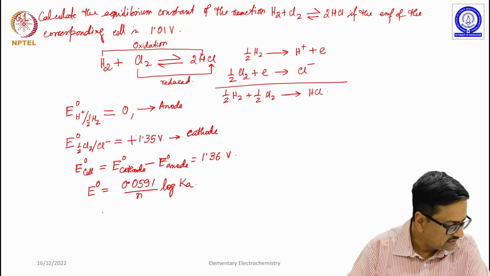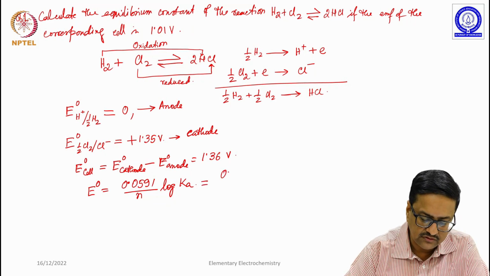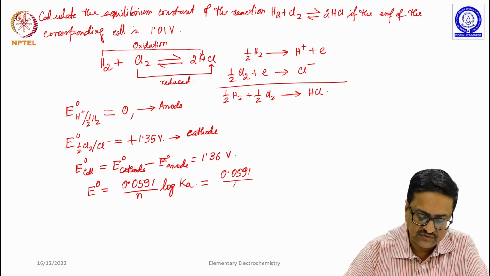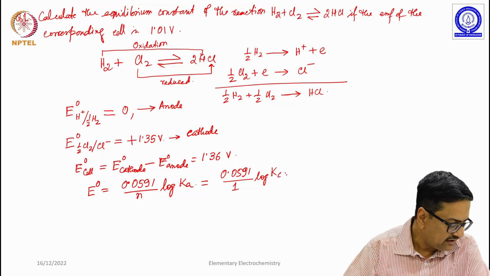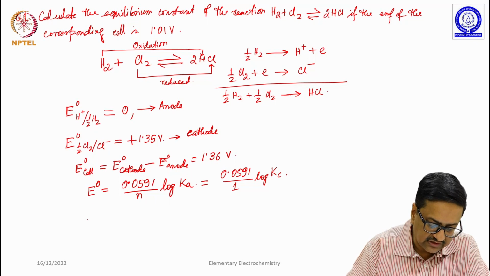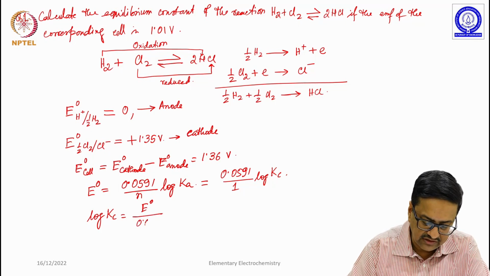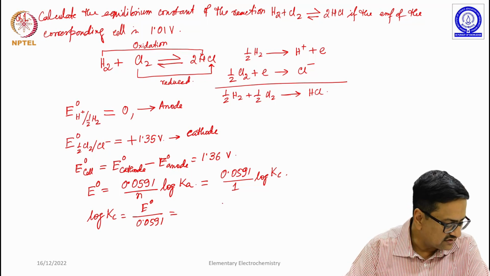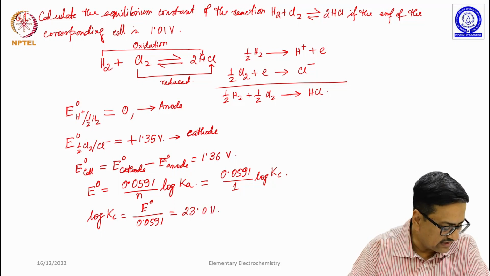Here, instead of activity, one can convert it into Kc; the number of electrons transferred is 1, so one can write log Kc, and you can calculate that log Kc is equal to E0 divided by 0.0591, which turns out to be 23.0118.